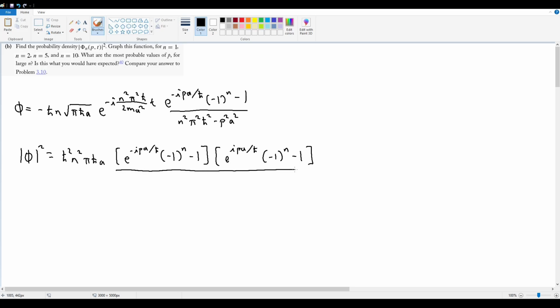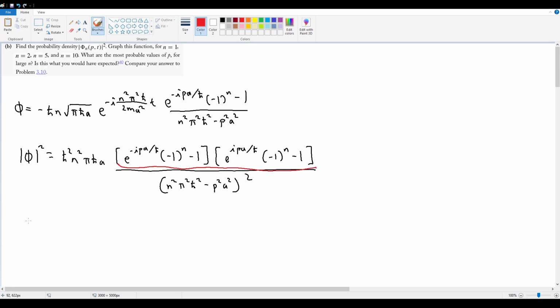At the bottom, you have n squared pi squared h bar squared minus p squared a squared, squared. Okay, let's mark this expression in red and focus on only this expression.